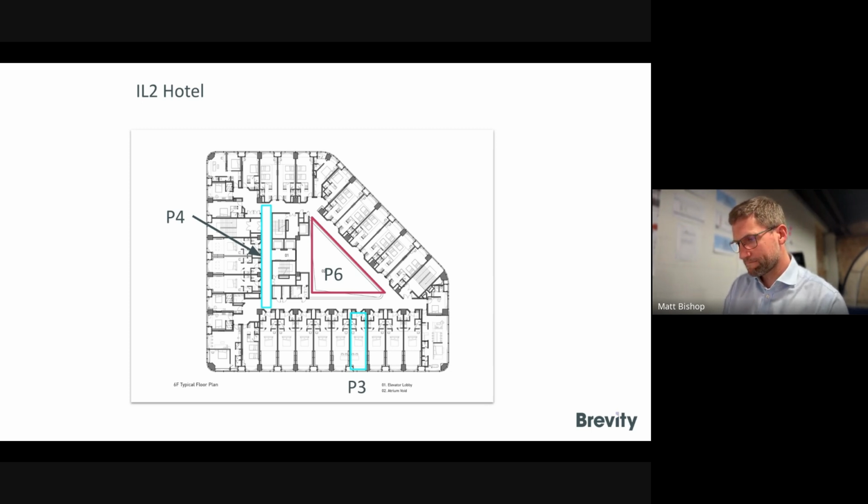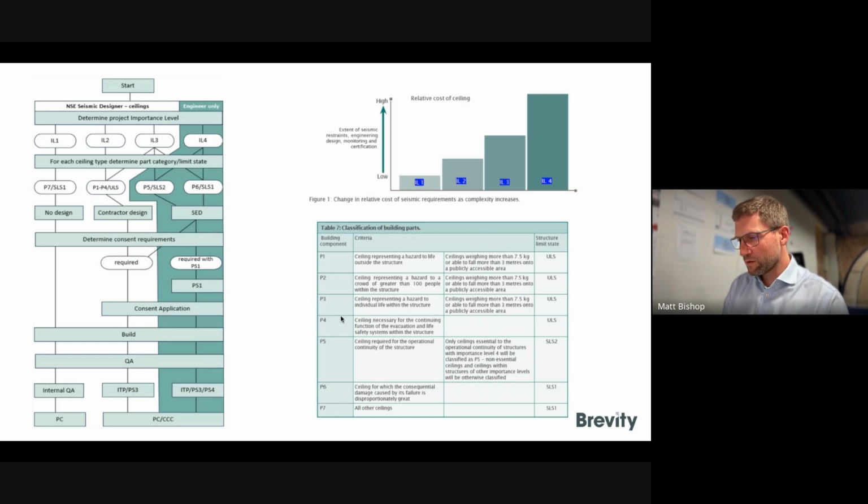So we'll have a quick look at that. And what we have is a P3 apartment ceiling representing a hazard to individual life. We have a P4 corridor ceiling necessary for continuing function and evacuation. Essentially, if the corridor ceiling falls down, it's very hard to get out through the egress routes.